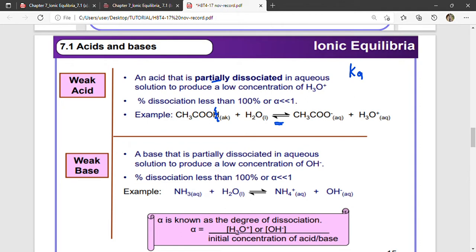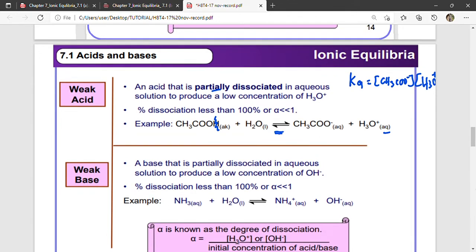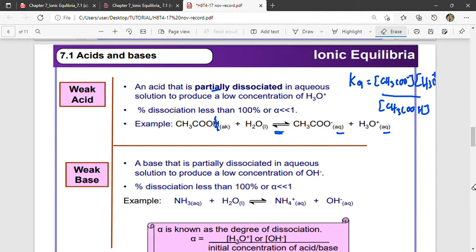The expression of Ka can be written as the concentration of CH3COO- times the concentration of H3O+, both aqueous, over the concentration of the reactant CH3COOH.